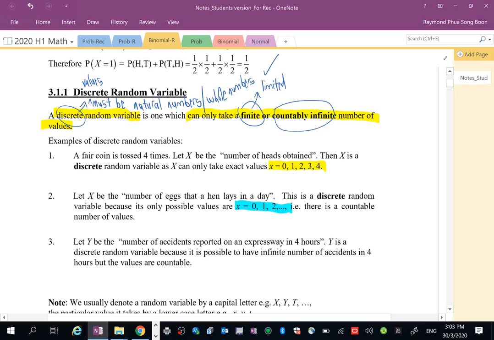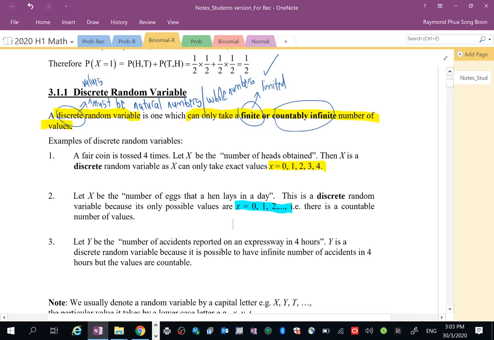So although it's an infinite number of values that the random variable x can take on, you can actually count them in the sense that they are all natural numbers. So therefore, random variable x is classified as a discrete random variable.